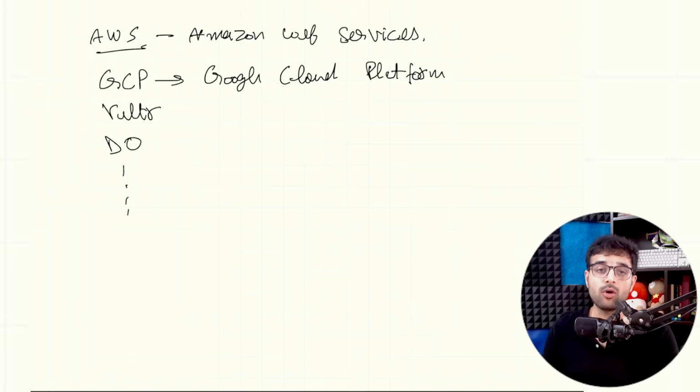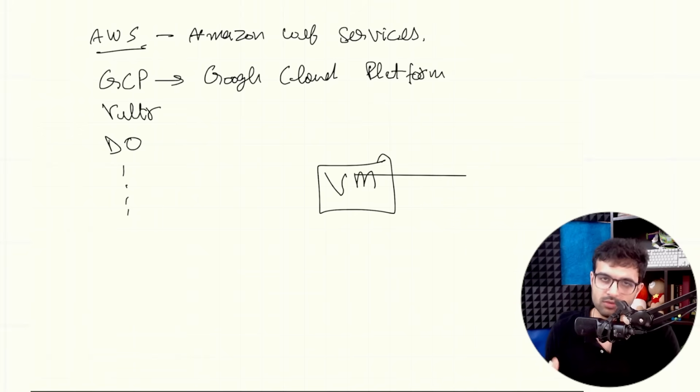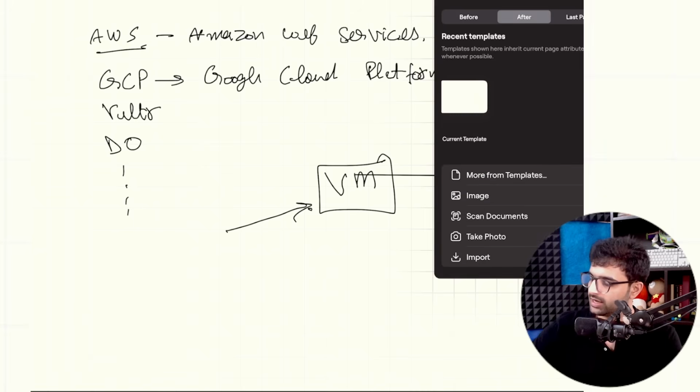The primary offering of all of these cloud providers was something called a virtual machine. Now today they do thousands of things, but the very first, primary use case that they came up with was a virtual machine.